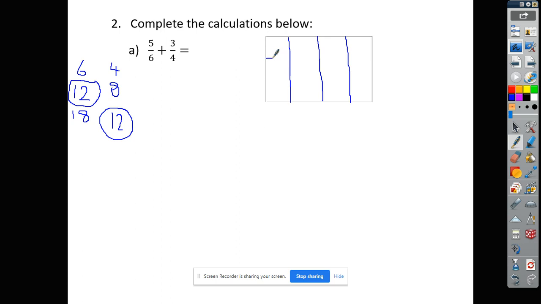To get this to be 12, I know I need to split this into 3 parts. I now have 12. So how am I going to get 5/6 into 12ths? Well, what have I done here? I've multiplied that by 2, which means I need to do the same to my numerator. So it will be 10/12.